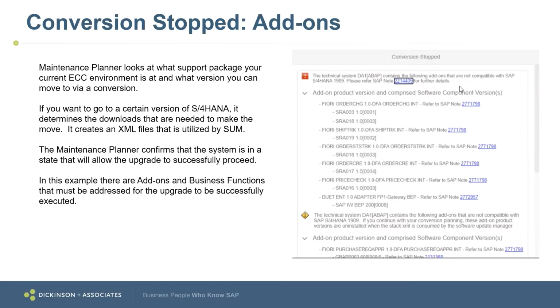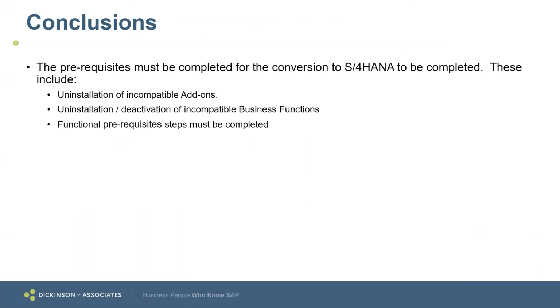It will note simplifications that need to be addressed in OSS notes. So ultimately, it's helping you understand your roadblocks. In the end, it's looking for what needs to be uninstalled or deactivated in your system, and what functional prerequisite steps may need to be completed.